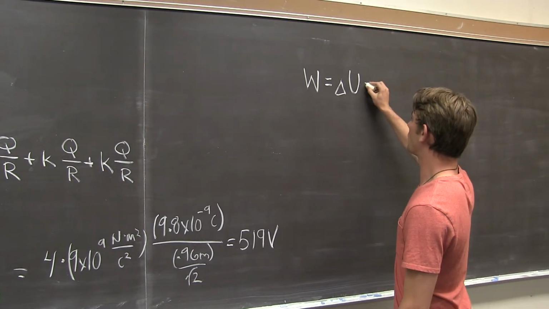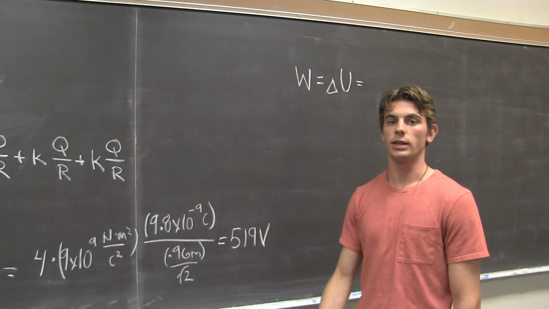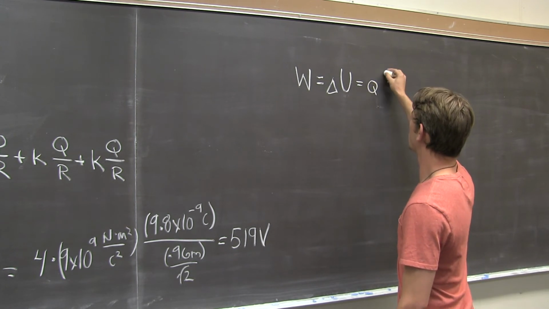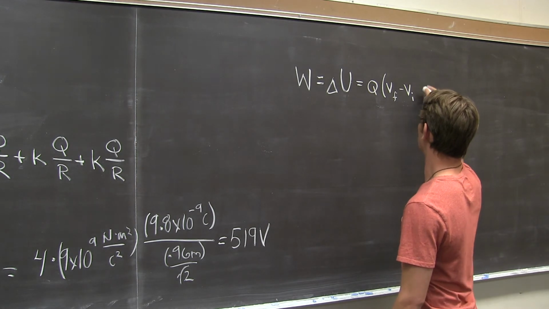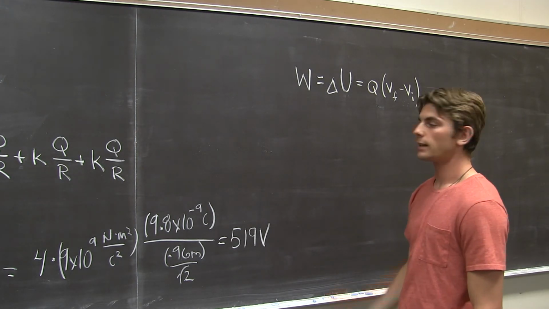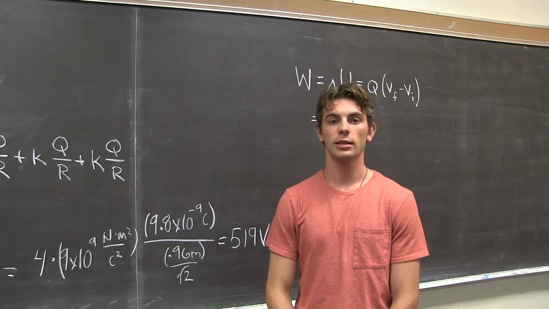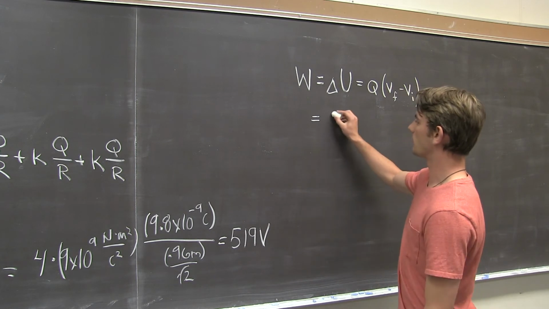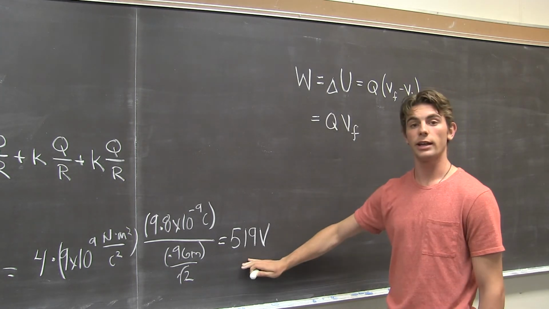But we also know that potential energy is just Q times the potential. So this is going to be Q times V final minus V initial. If the charge starts infinitely far away, its potential has to be 0 initially. And so this is just going to be Q V final, which we found in part A.